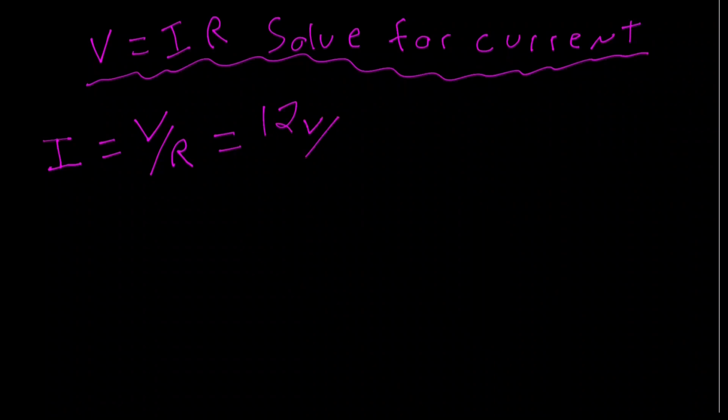And we have a resistance of 330 ohms. Remember that nice little Greek letter omega? Well, there it is again. So if we divide 12 volts by 330 ohms, we get a current value of 0.036 amps.